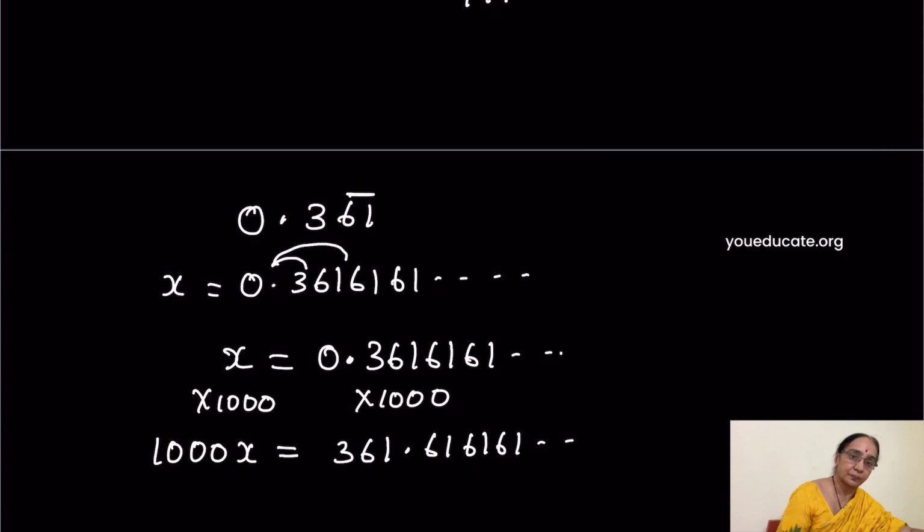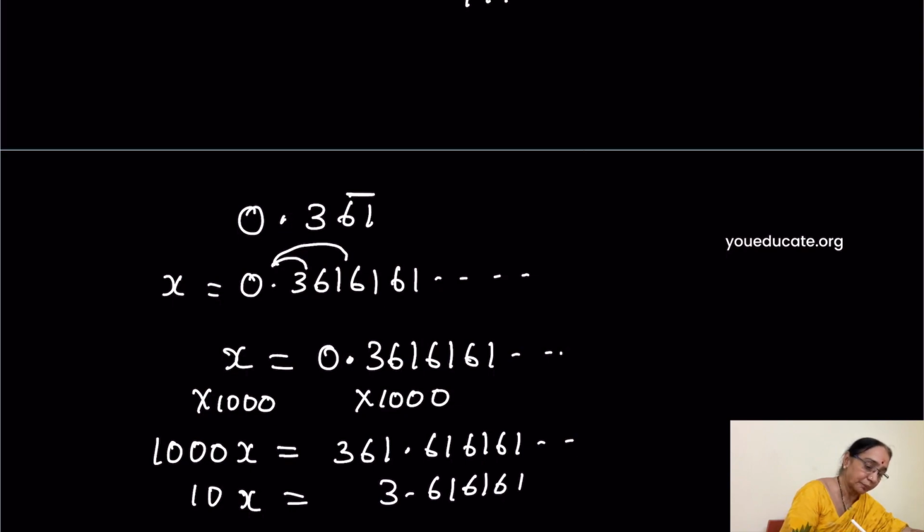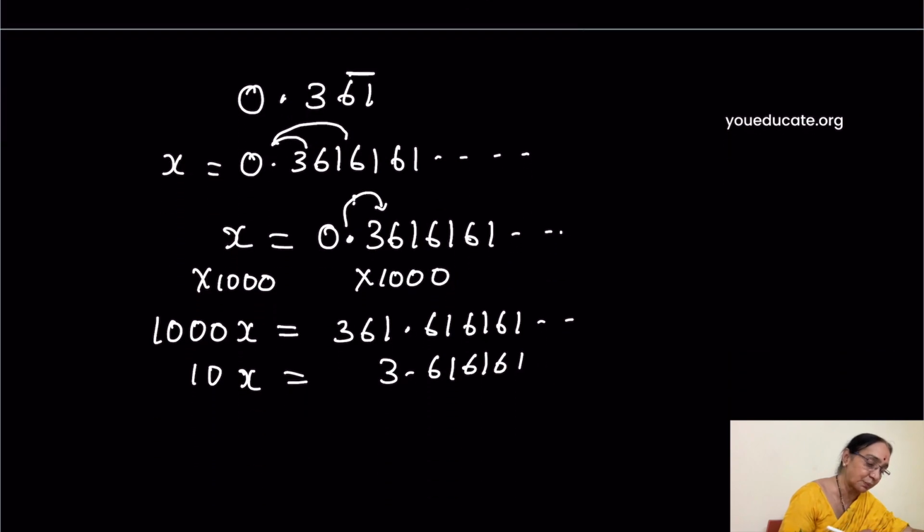Now next I'm going to multiply by 10. That is, x is now multiplied by 10, so I get 10x is equal to 3.616161. See, just one digit it moves, right? The decimal point is shifted by only one digit.